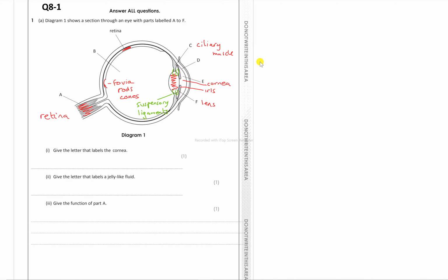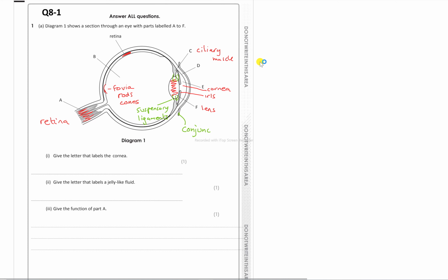Right, we need to look at E and D. This here is the conjunctiva. They're saying that D is the cornea. I don't know whether E is pointing to the iris. So D is the cornea, that's what they're saying.